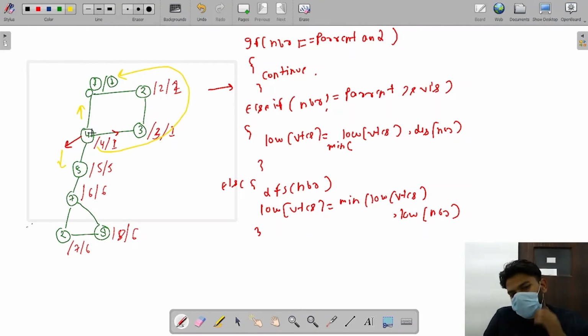But what is our condition? Our condition is: if the low value of our neighbor is bigger than or equal, then this is your articulation point.